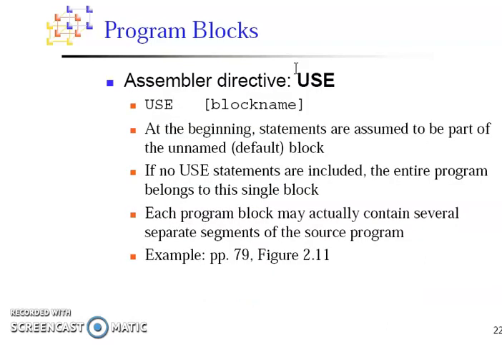Then to implement the program blocks, we make use of the use directive, and the syntax is use followed by the name of the block. At the beginning, statements are assumed to be part of the default block, which is left unnamed, and if no use statements are included, the entire program is treated as a single block.